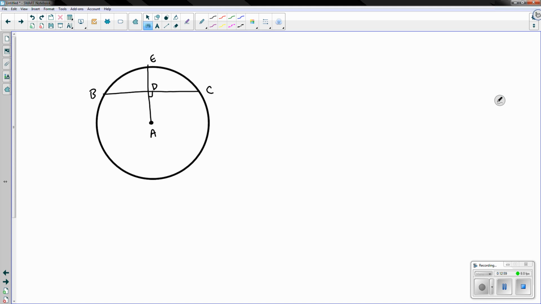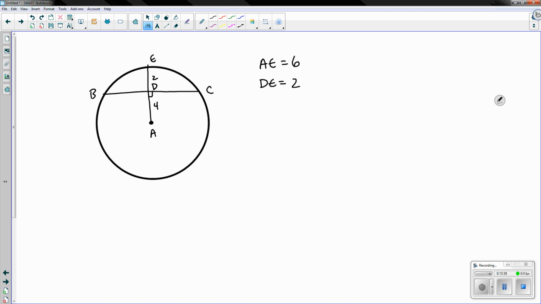What we're going to say to ourselves is we know that A to E represents a radius because we see that it runs perpendicular to the chord by that theorem. Now, let's say they give us information that AE is equal to, say, 6 and DE is equal to 2. So we know this little piece is 2. And therefore, this must be 4. So AD must be 4 if the whole thing's 6.